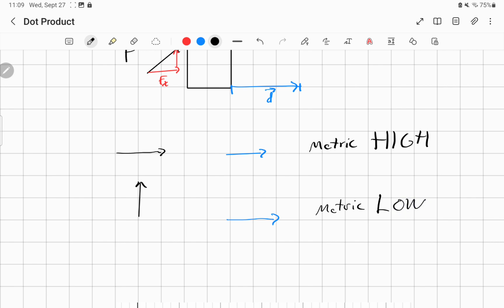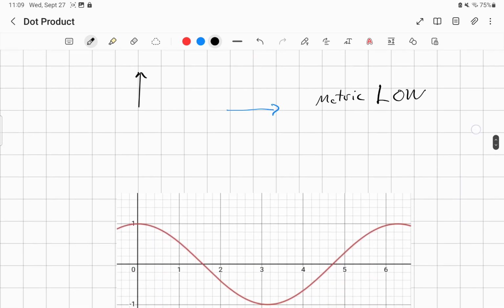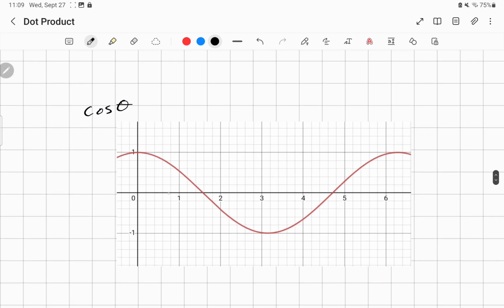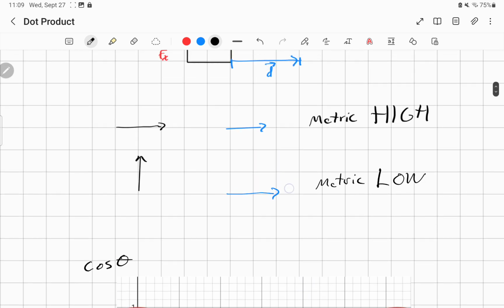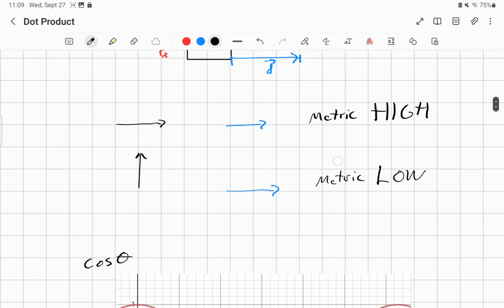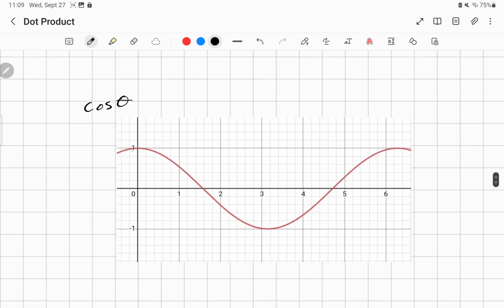And so what's one function that we could use to describe this? Well, one function is the cosine function. So we expect a cosine to show up somewhere here. We're talking about the angle between the two vectors, and we're changing the angle between them. When the angle between them is 0, cosine is maximum.